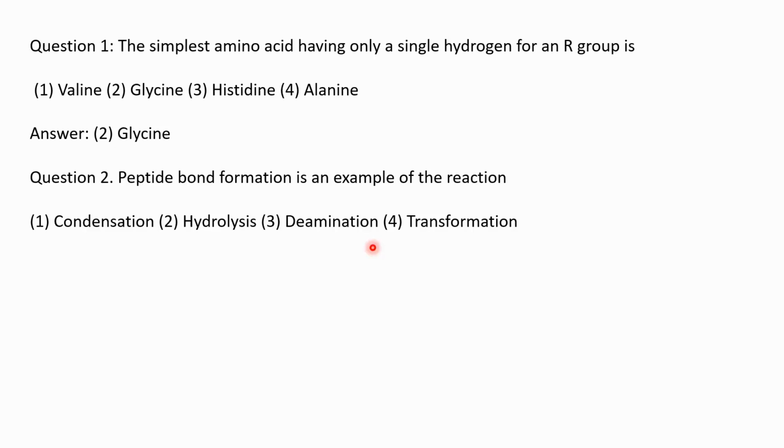Since there is a release of a water molecule, the reaction is known as the dehydration synthesis reaction, or we can also call it a condensation reaction. Therefore, option number 1, condensation, is correct.